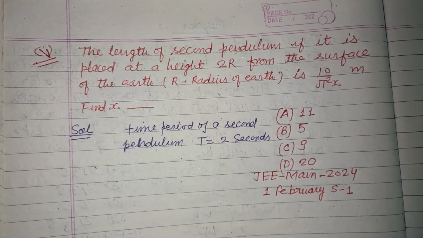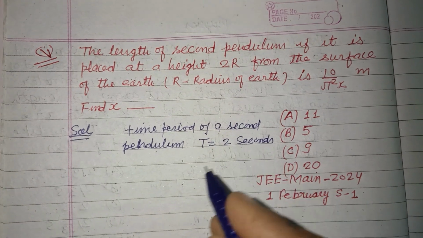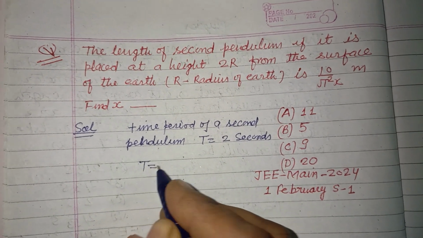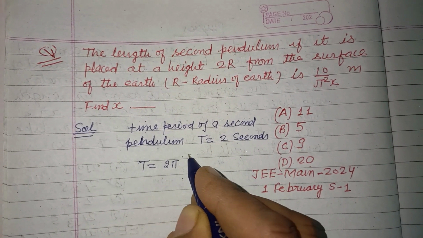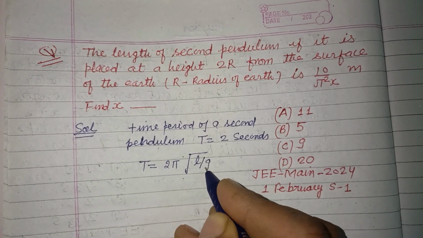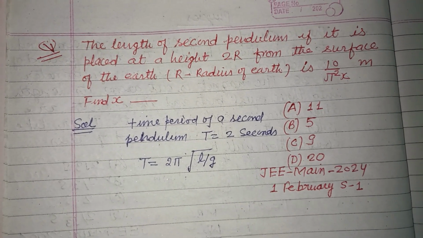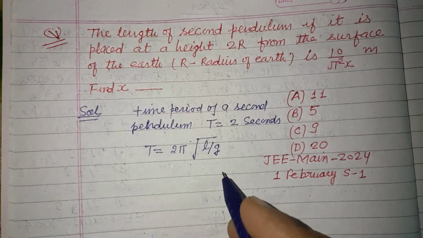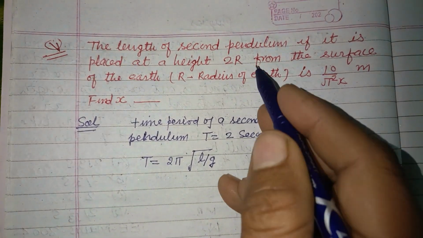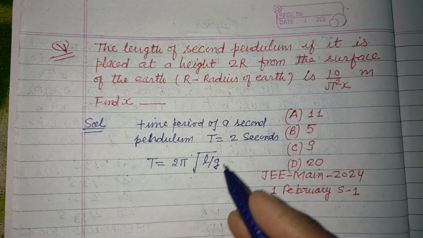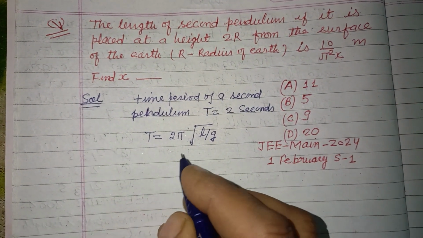Time period of a second pendulum means 2 seconds, and it is given by T equal to 2 pi under root L over g. Since the pendulum is taken at a height of 2r from the surface, g is changed.